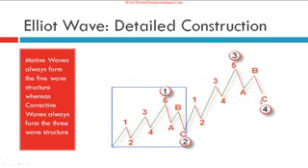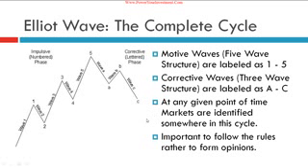Now let me repeat this whole thing for you. Let us go back a few slides to make this clear again. Okay. Now look here. What we had here is wave 1, wave 2, wave 3, wave 4, wave 5, these are motive waves. What is a motive wave? Which propels the market into some primary trend. It can be down also, but here we are taking an example of an uptrend.